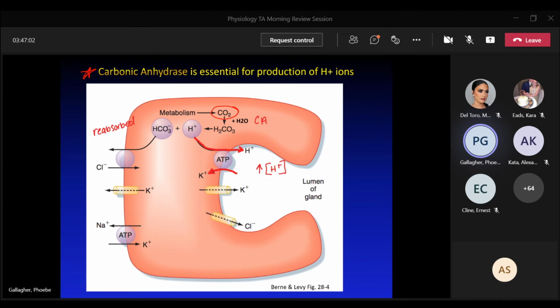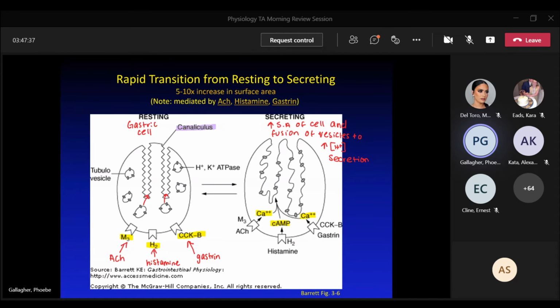And it's going to go through carbonic anhydrase with H2O, make carbonic acid. And then you're going to also reabsorb this bicarb back into the bloodstream, whereas this proton is going to be pumped out through the proton pump. This is the same pump that you'll see in the kidney, so it's really easy to remember, and lead to secretion of acid and hydrochloric acid. So this is the chloric part of the hydrochloric acid. So together, HCl. So make sure you know that carbonic anhydrase is essential for hydrochloric acid secretion.